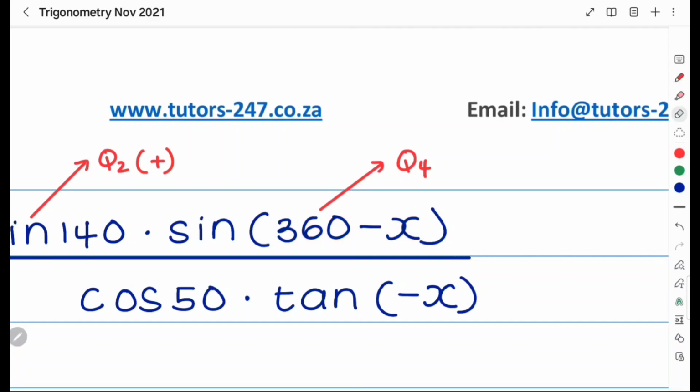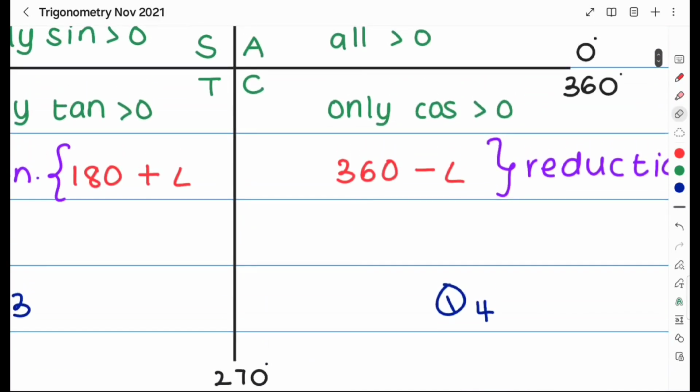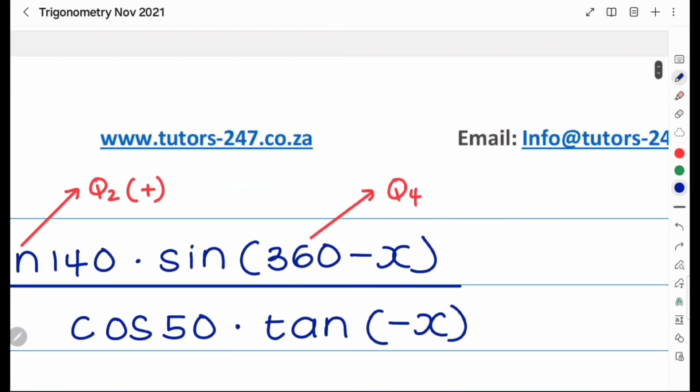But is it positive or negative in quadrant 4? Let's go back and have a look. So we were given sine, but as you can see, only cos is positive in quadrant 4, meaning that sine will be negative. So here we can reduce this into negative sine of x.